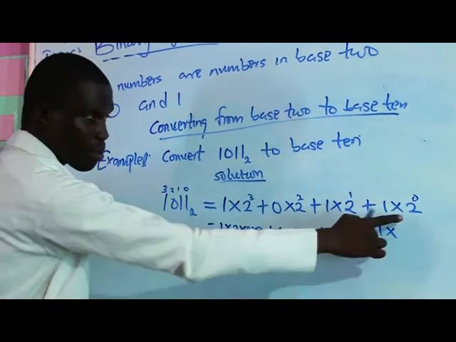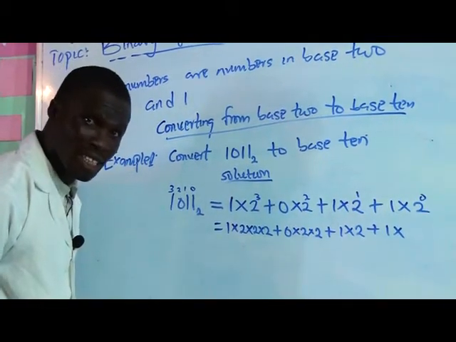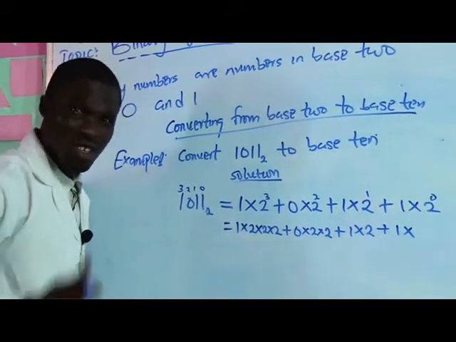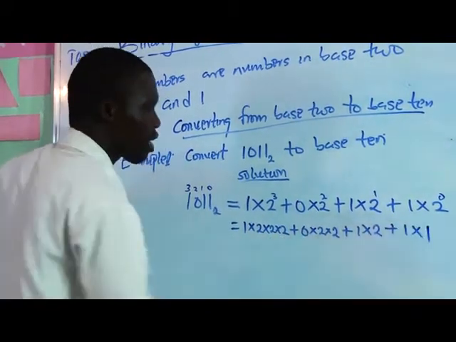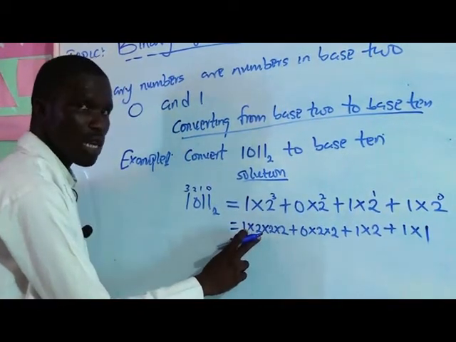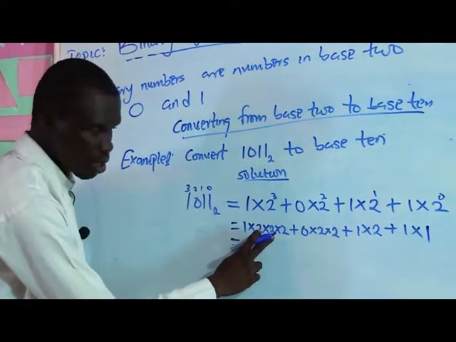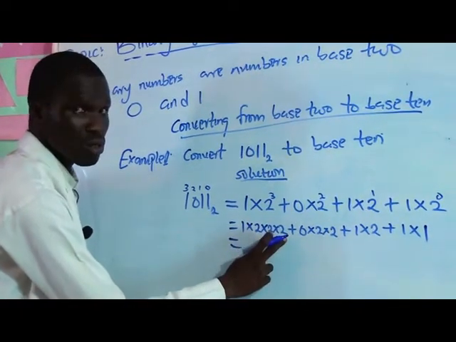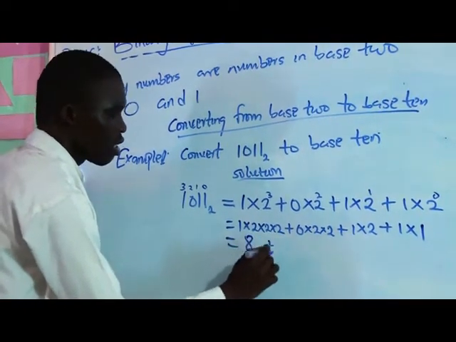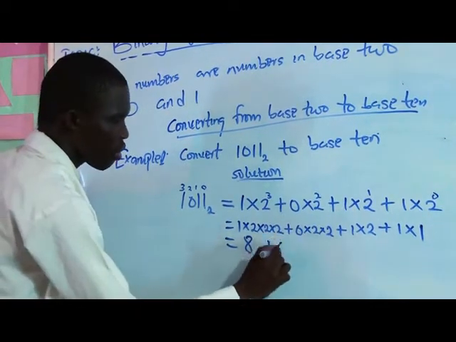oh, what's going to happen to 0 here? You remember law of indices? Any number with the power of 0 is what? 1. Okay. 1 times 2, tell me class, 2. 2 times 2 what? 4. 4 times 2, what? 8. So we have 8. 0 times 2 is 0. 0 times 2 is 0.